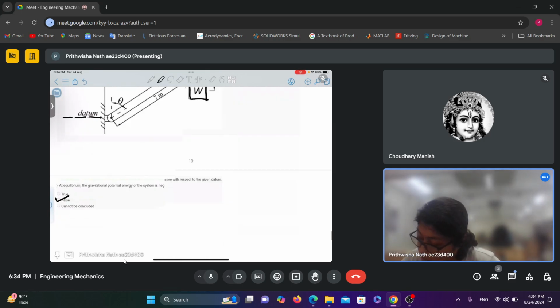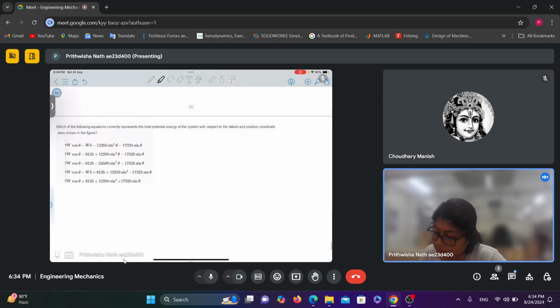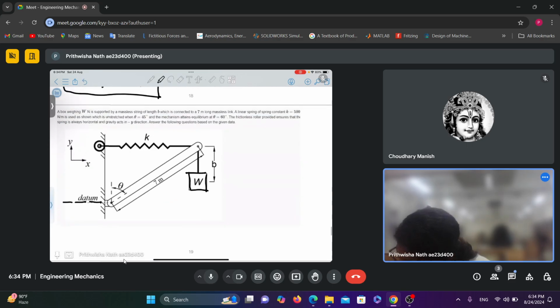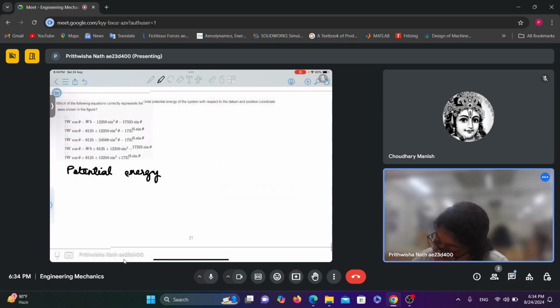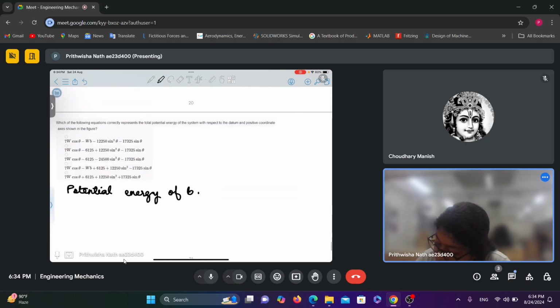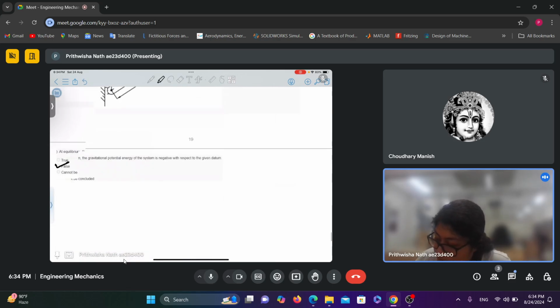So first, what is the potential energy due to this weight? Potential energy of the box will be. What is this distance?